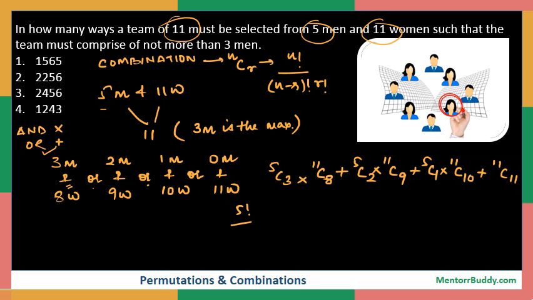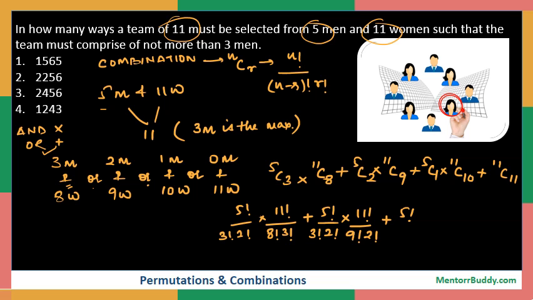When we try and solve this equation, we can directly put 5C3 as 5 factorial by 3 factorial 2 factorial, multiplied by 11 factorial divided by 8 factorial 3 factorial, plus 5 factorial divided by 3 factorial 2 factorial, multiplied by 11 factorial by 9 factorial 2 factorial, plus 5 factorial by 4 factorial 1 factorial, multiplied by 11 factorial by 10 factorial 1 factorial, plus 1, because 11C11 is nothing but 1.